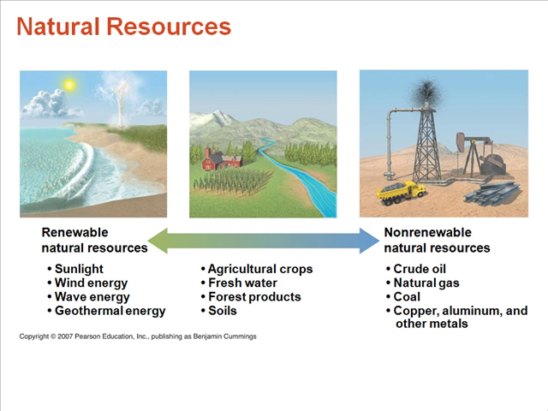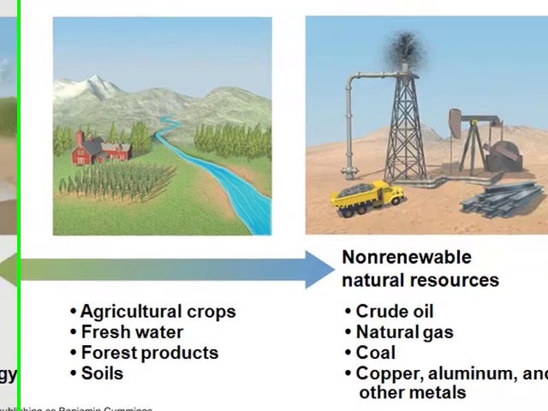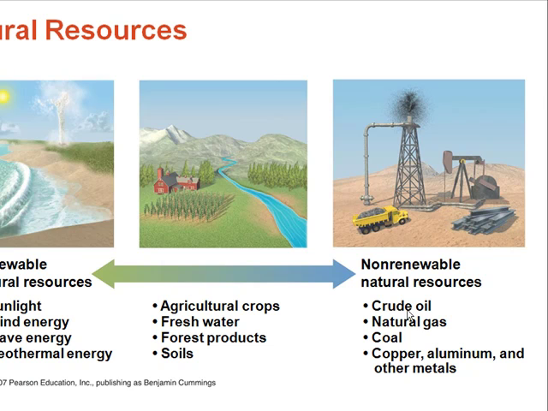We can take the natural resources and classify them as renewable, things like sunlight, wind energy, wave energy, and geothermal energy, which are perpetual. They cannot be depleted. And things that are depletable, that are non-renewable, like crude oil, natural gas, coal, and many metals.